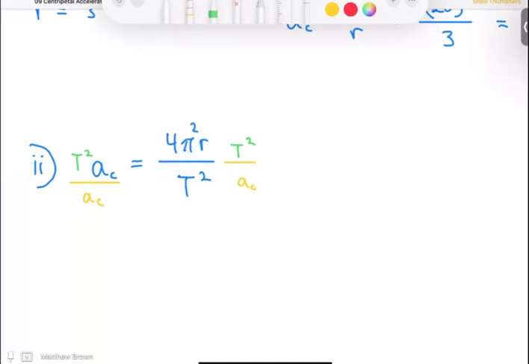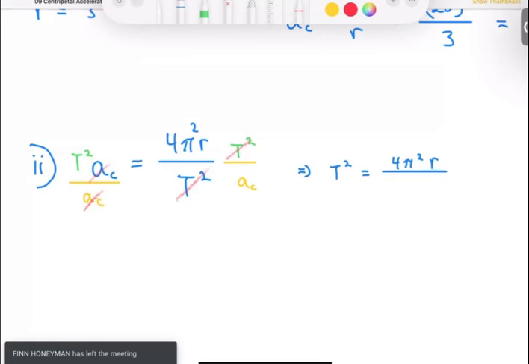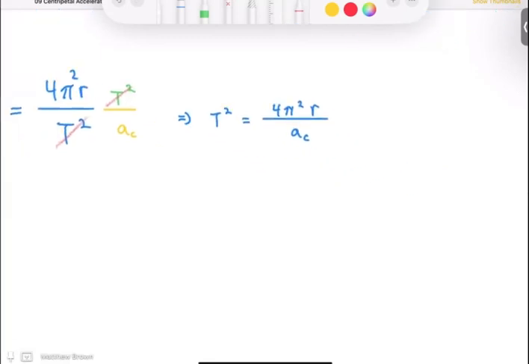And that means over here, the AC's cancel, and on the other side, the t squareds cancel. And that leaves me with t squared equals 4 pi squared r divided by AC. And then the only thing I've got to do is take the square root of both sides, which means t equals the square root of 4 pi squared r over AC.